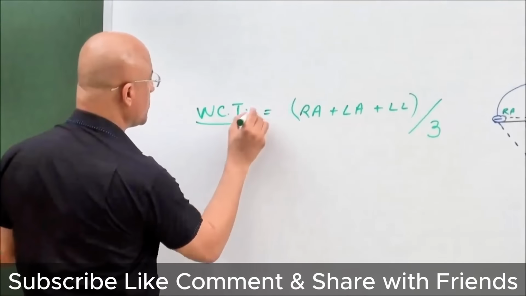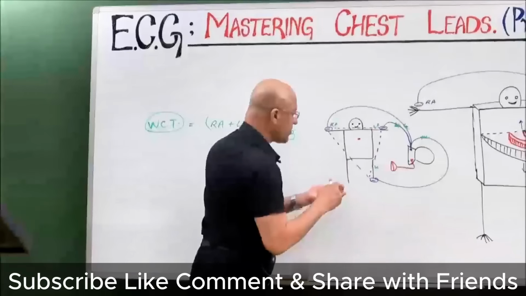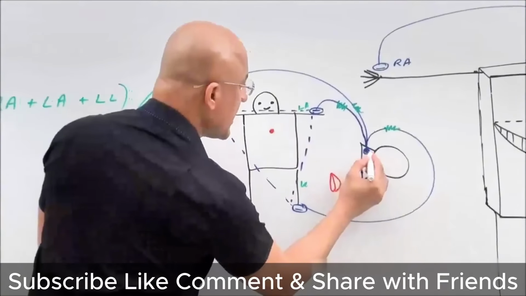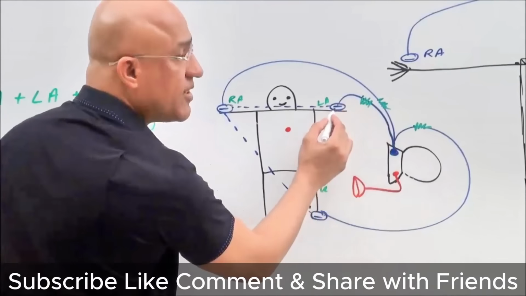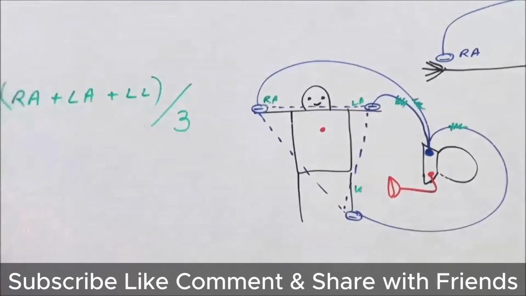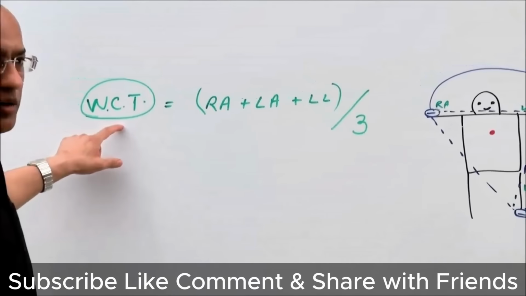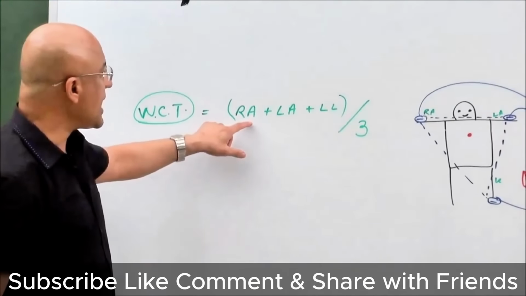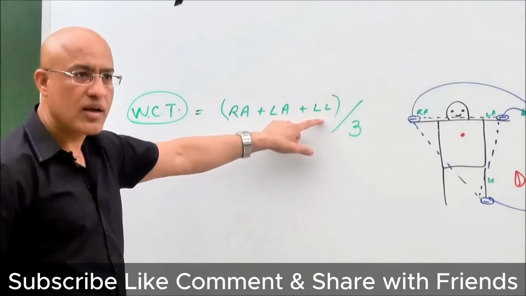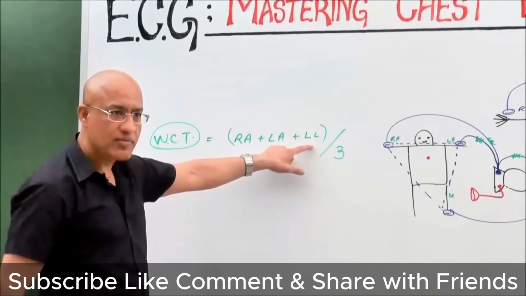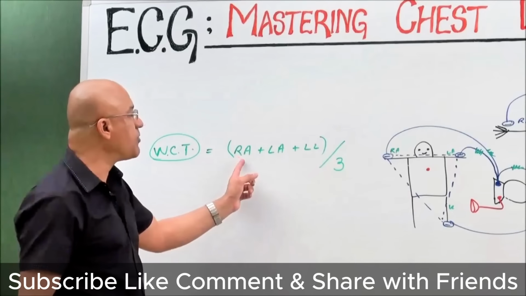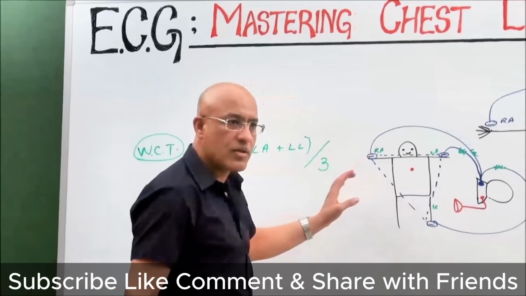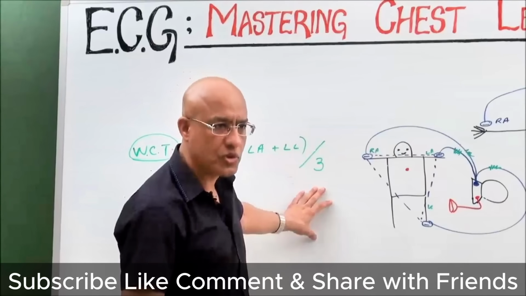Now this is the Wilson central terminal. We have converted the negative terminal of this machine into the Wilson central terminal. So the Wilson central terminal determines the potential at the 3 apices of the equilateral triangle, or it averages these, which is usually almost 0.